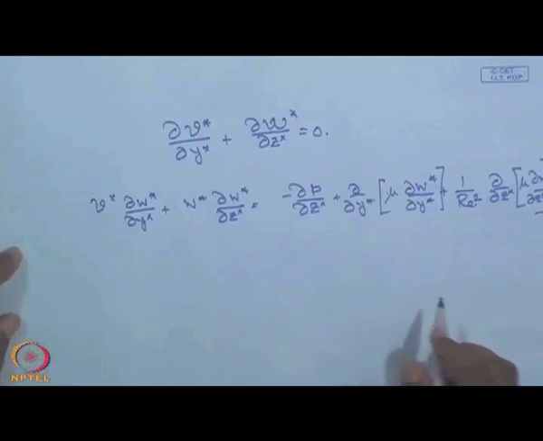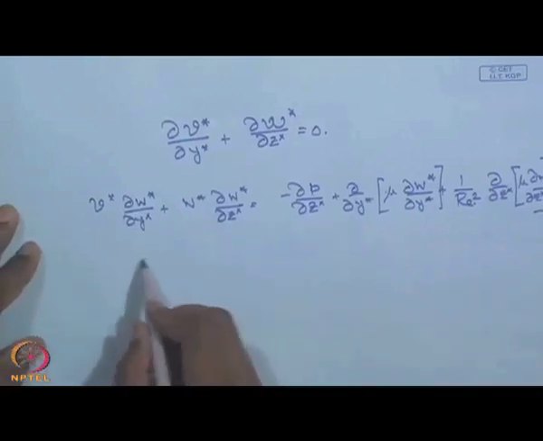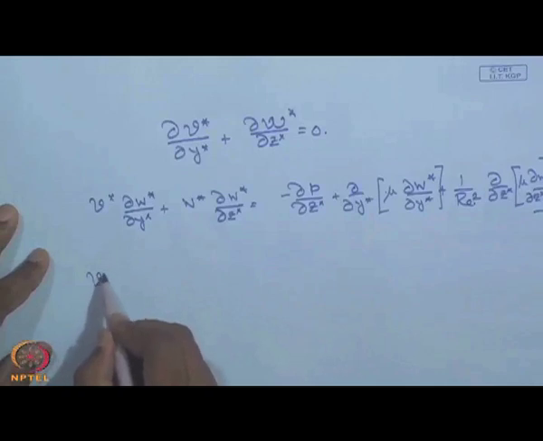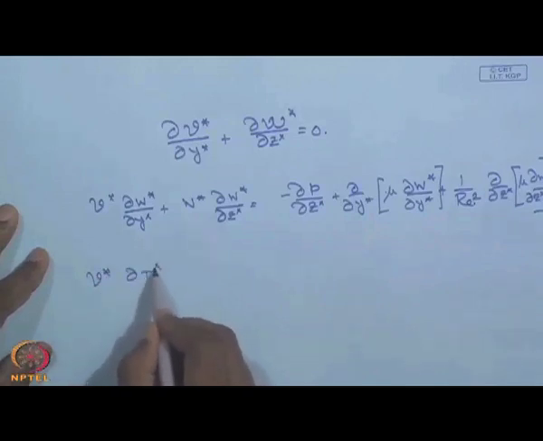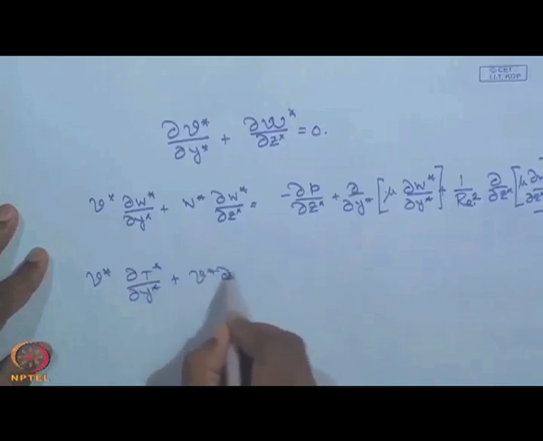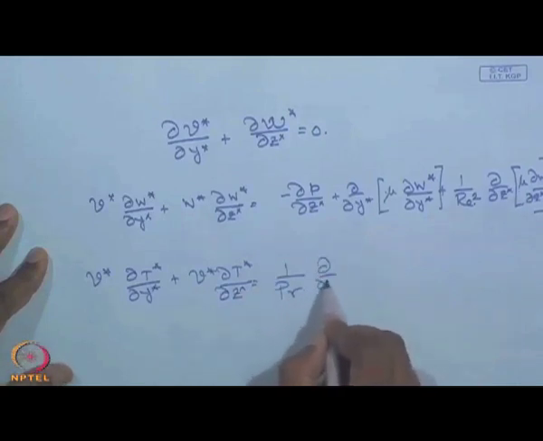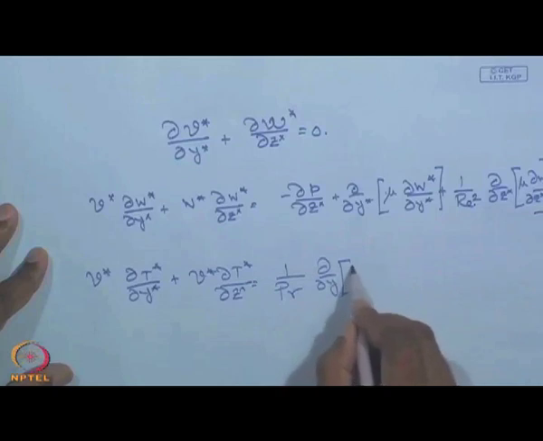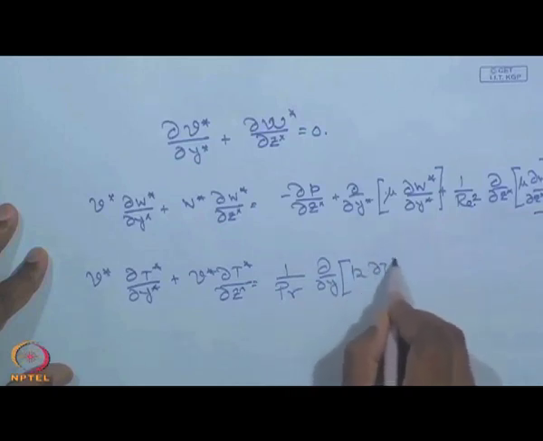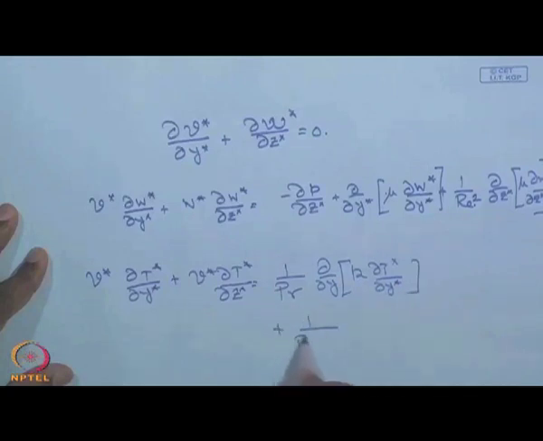One can write the thermal energy equation for this case as well if the temperatures are different. T star refers to the dimensionless temperature. This is the Prandtl number, thermal conductivity, Prandtl number and Reynolds number squared.